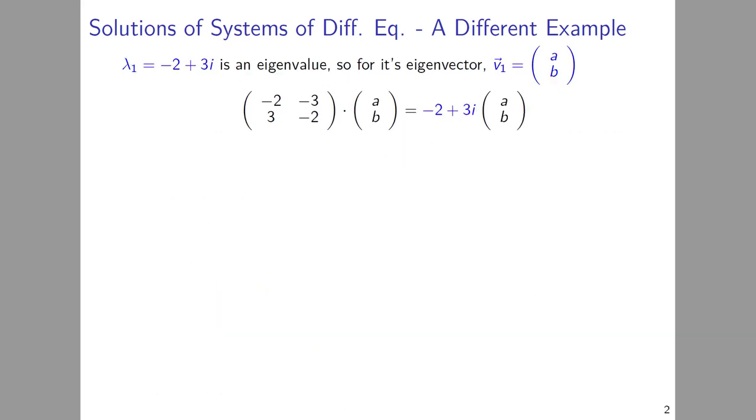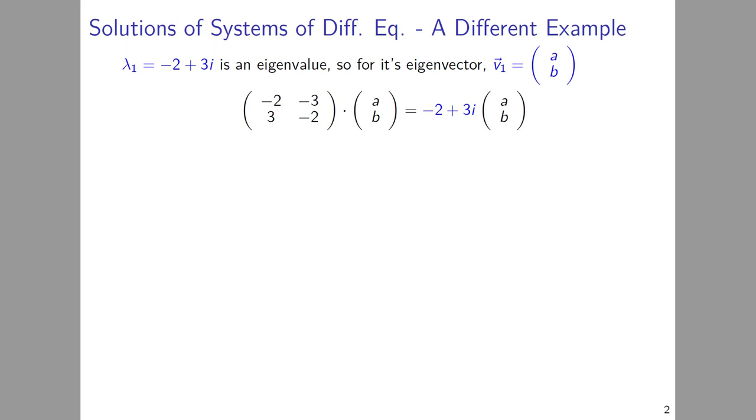To find the eigenvector for λ1 = -2 + 3i, we'll need to go back to our definition of an eigenvalue and eigenvector. We'll take the eigenvector to be unknown constants a and b, and then we need our matrix A times v to be equal to our eigenvalue times v.